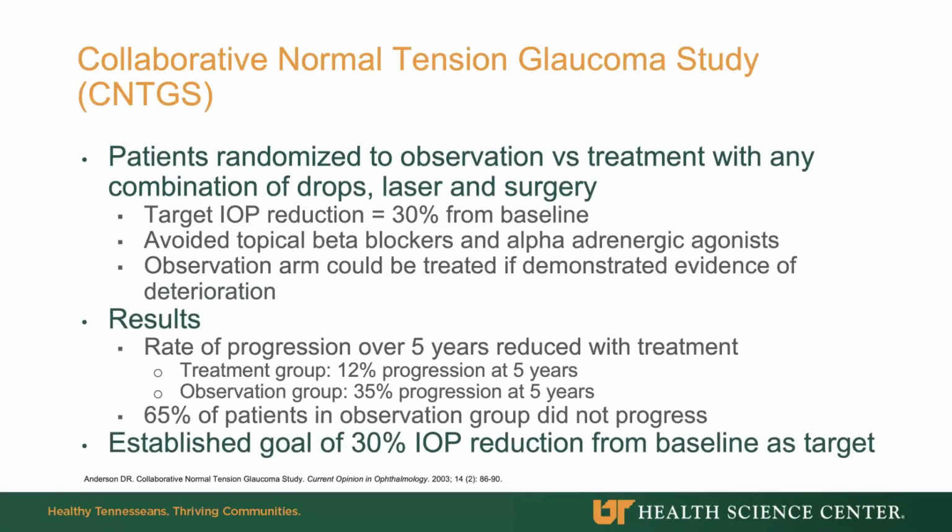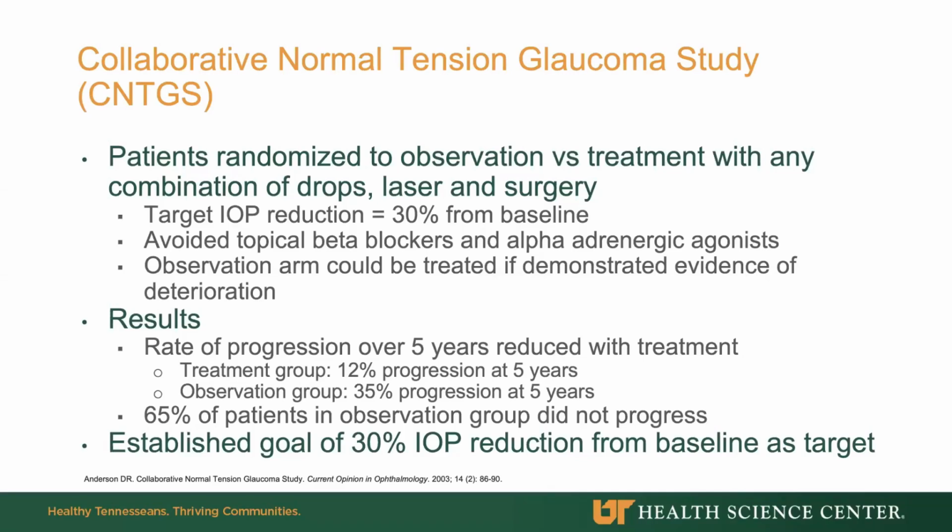So I wanted to use this time now to talk about a very important study in normal tension and low tension glaucoma management, which is the Collaborative Normal Tension Glaucoma Study. In this study, patients were randomized to either observation or treatment of their diagnosed normal tension glaucoma, and treatment could consist of any combination of drops, laser, or surgery at the surgeon's discretion.